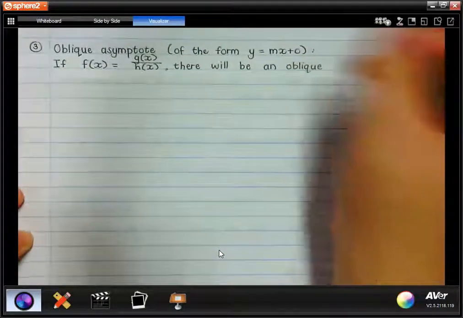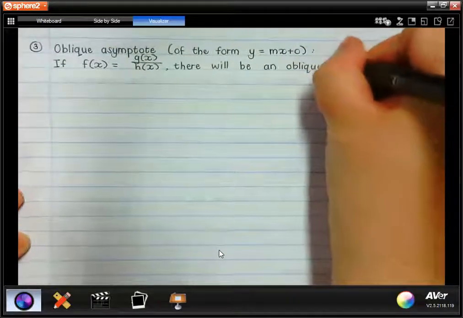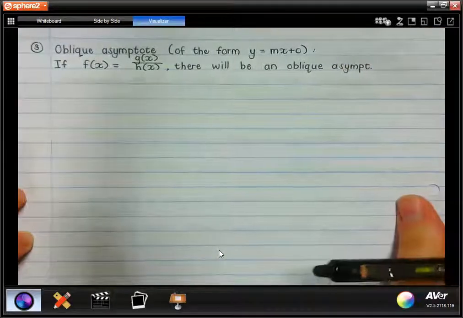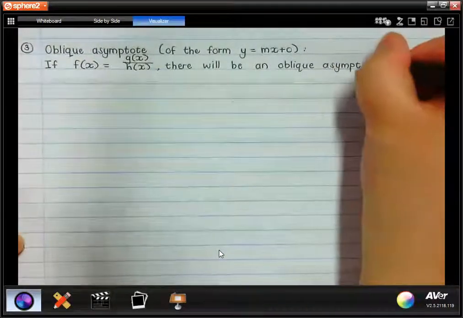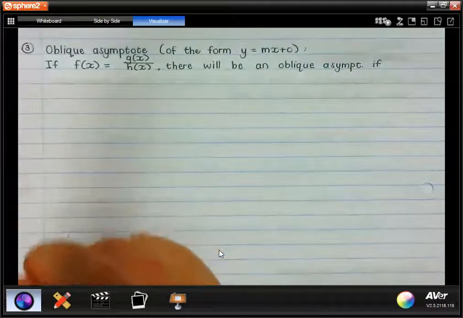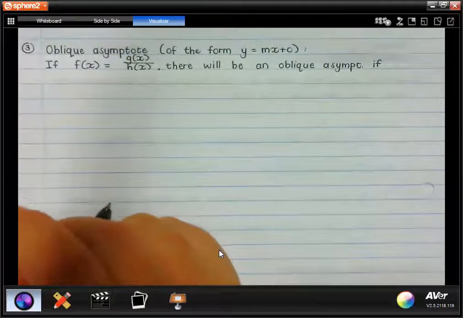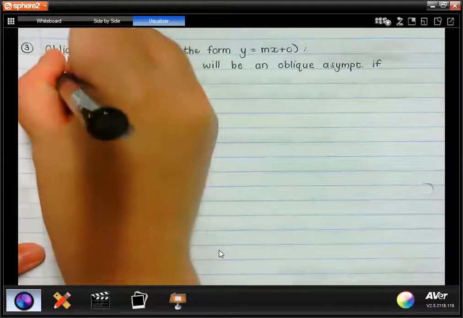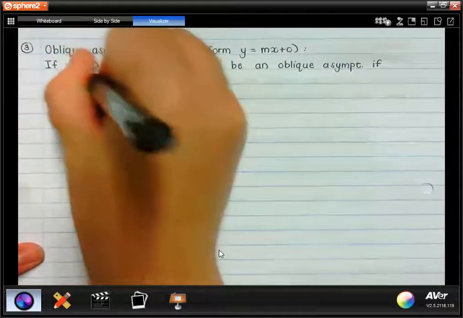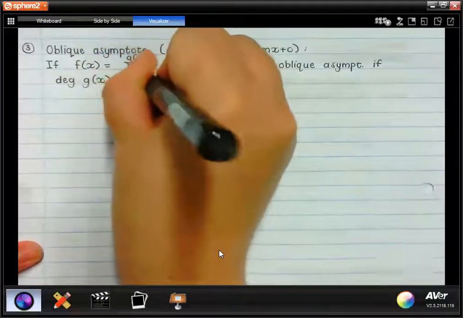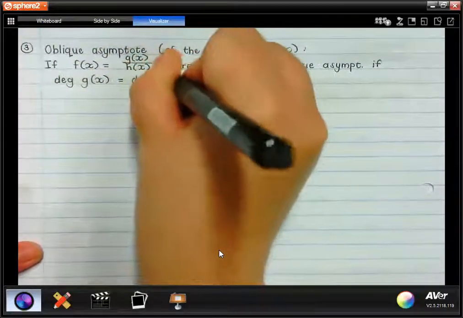There will be an oblique asymptote, and I'm just going to abbreviate asymptote like that, if, and this is very specific, only if the degree of the numerator is 1 more than the degree of the denominator. So if the degree of g is equal to the degree of h plus 1.